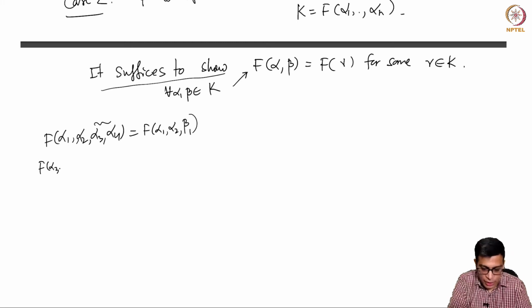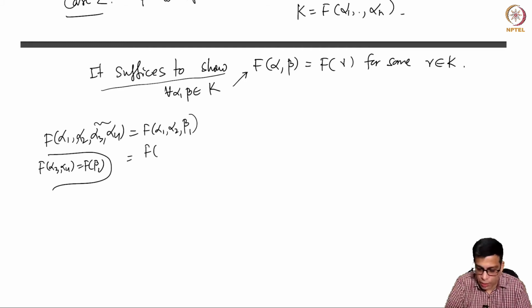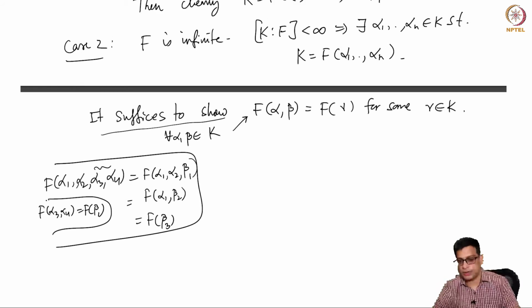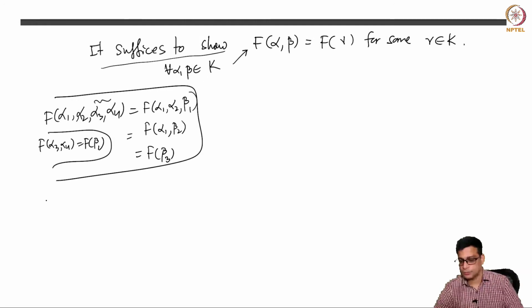Right, because if F(alpha 3, alpha 4) is F(beta 1) by this statement, you can do this, then you can do one more time with alpha 2 and beta 1, and finally you get beta 3. Okay, so just a simple trick. All that matters is if you take two elements, then you can reduce it to one element.